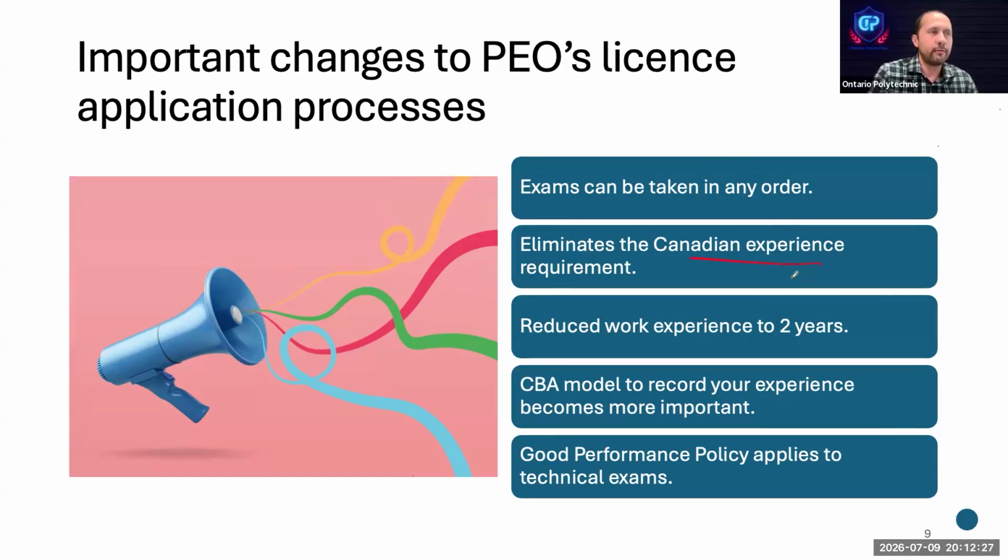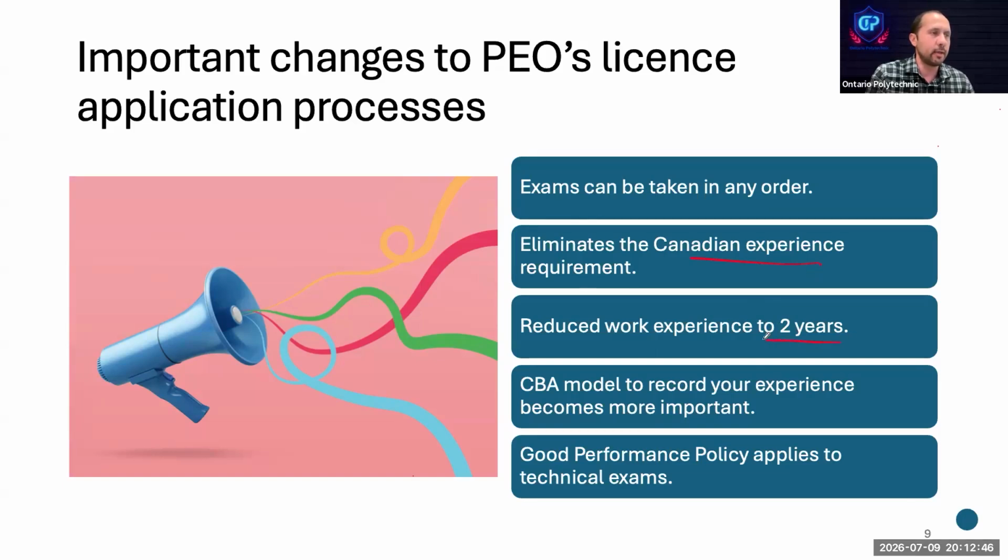So you don't need 1 or 2 years of Canadian work experience to apply for PNG in Ontario. Even if you have international experience back home in Iran, Turkey, or India, you are still eligible to apply for PNG in Ontario.